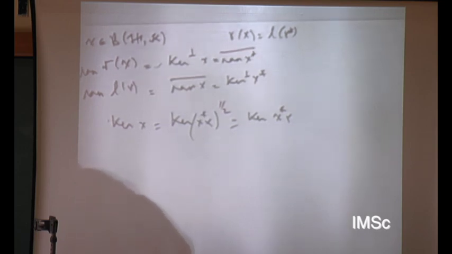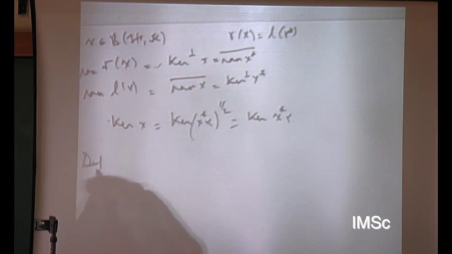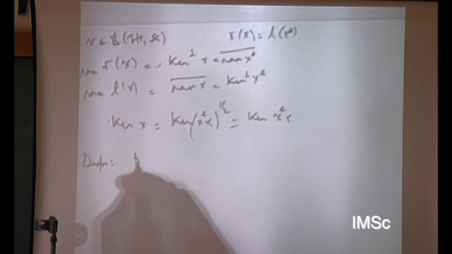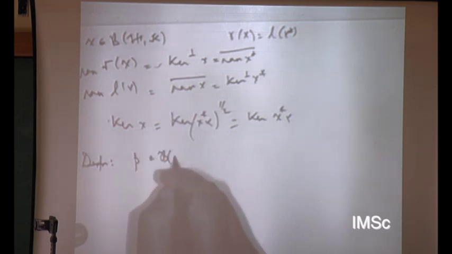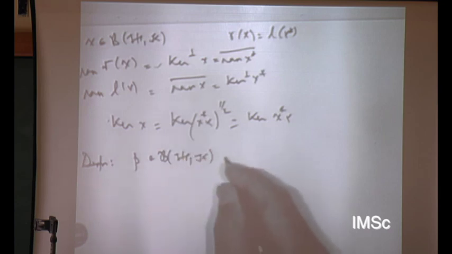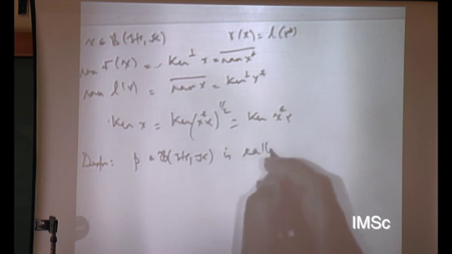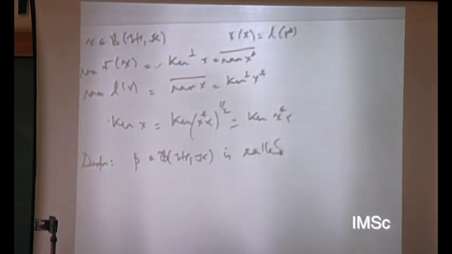Definition. An operator P in B of H K is called, you all know what an isometry is, right?